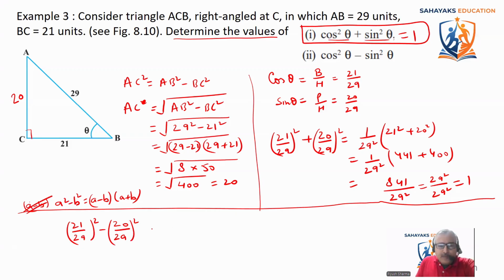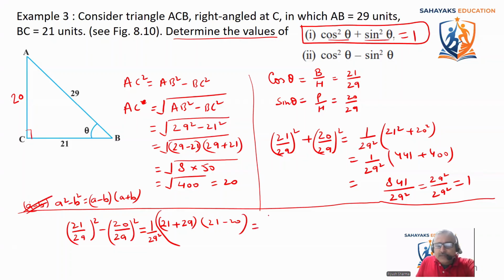Because it's a square minus b square, let's find out with the same formula: a plus b into a minus b. Taking 1 by 29 square as common, it becomes 21 plus 20 into 21 minus 20.